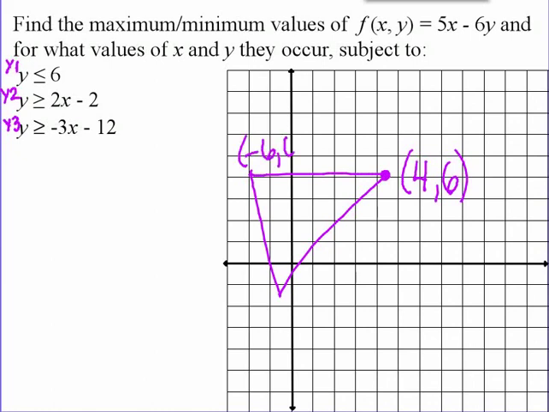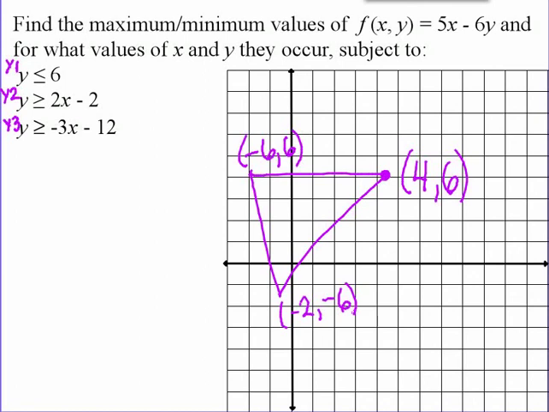Negative 6, 6. Now we've got to come up with the bottom one. Negative 2, negative 6. Okay, so negative 2, negative 6.